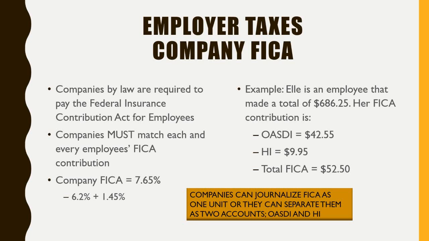If L earned $686, for Social Security she put in $42.55, so will we. And for Medicare as well, $9.95. So in grand total, our portion to also pay into L's FICA is going to be a total of $52.50.